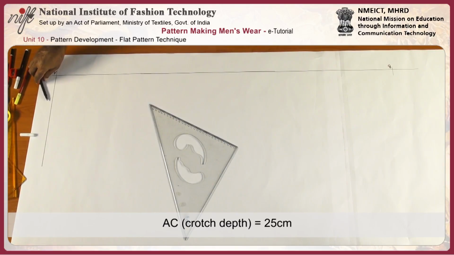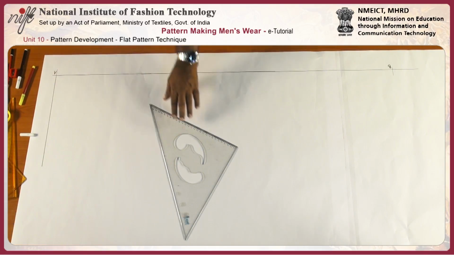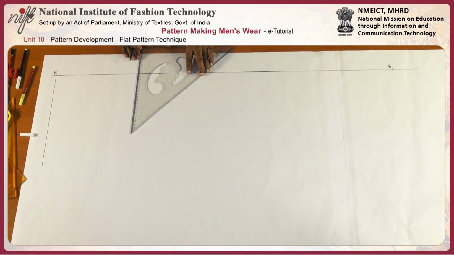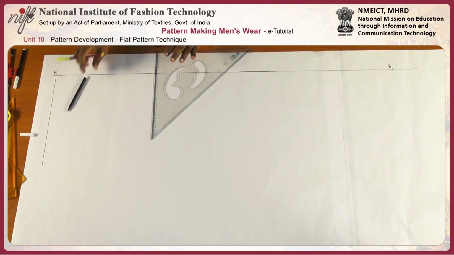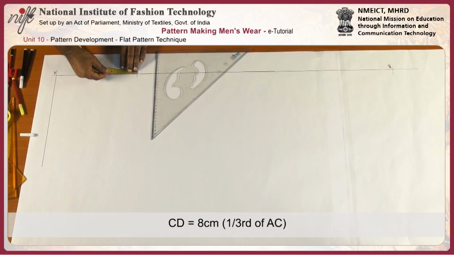A to C, crotch depth, 25 centimeters. C to D is 8 centimeter, which is 1/3 of AC.